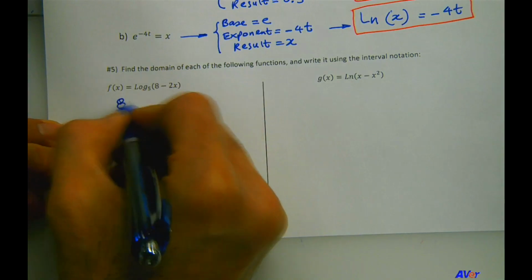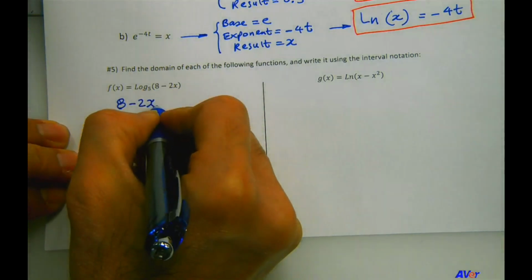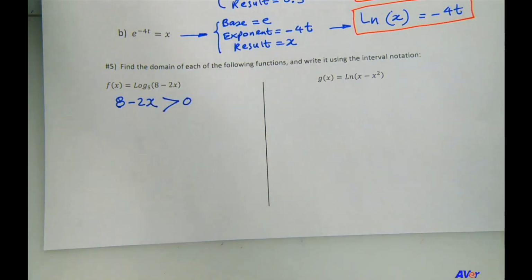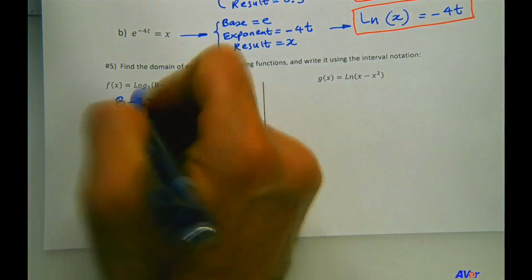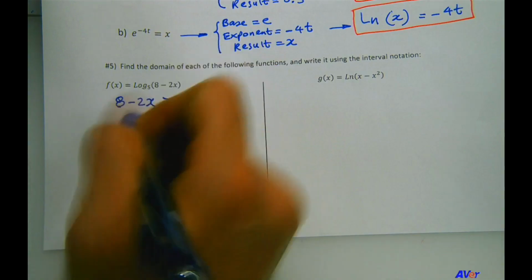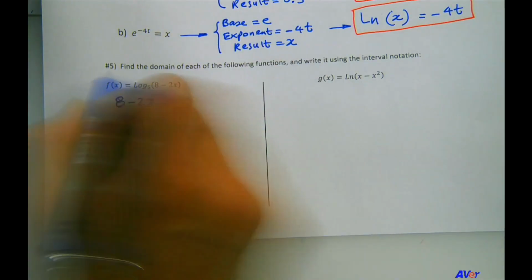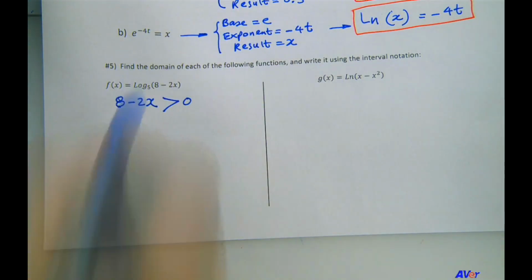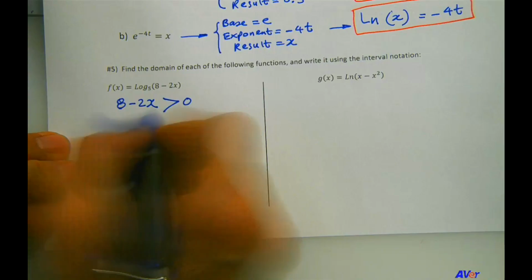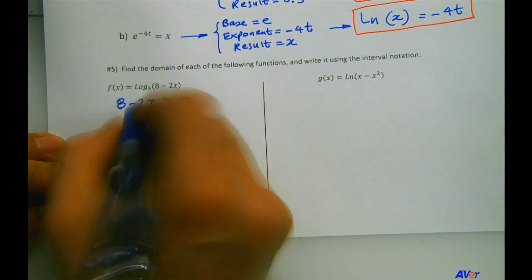So 8 minus 2x must be greater than 0 at all times, right? This cannot be equal to 0, and it cannot be negative. Hence, 8 minus 2x must be greater than 0 in order for the log of that expression to exist. Okay, so let's solve for x using this inequality.